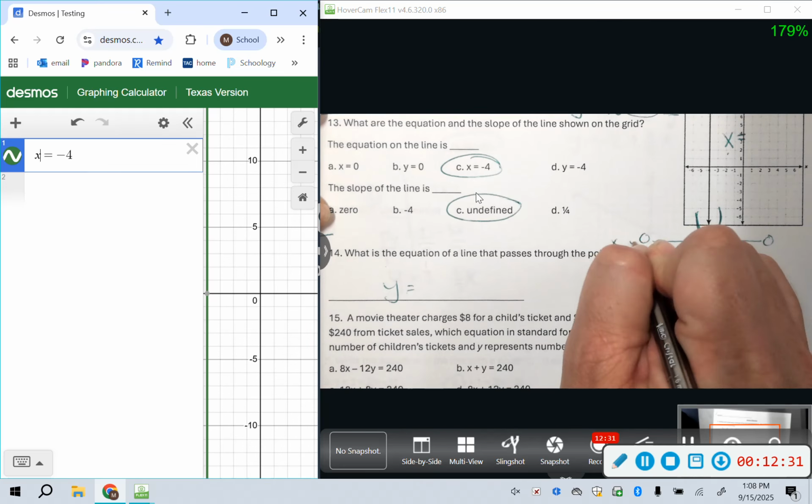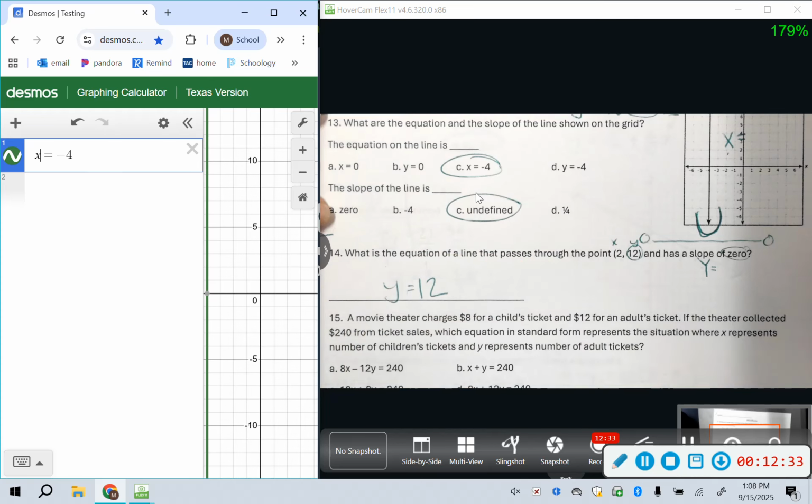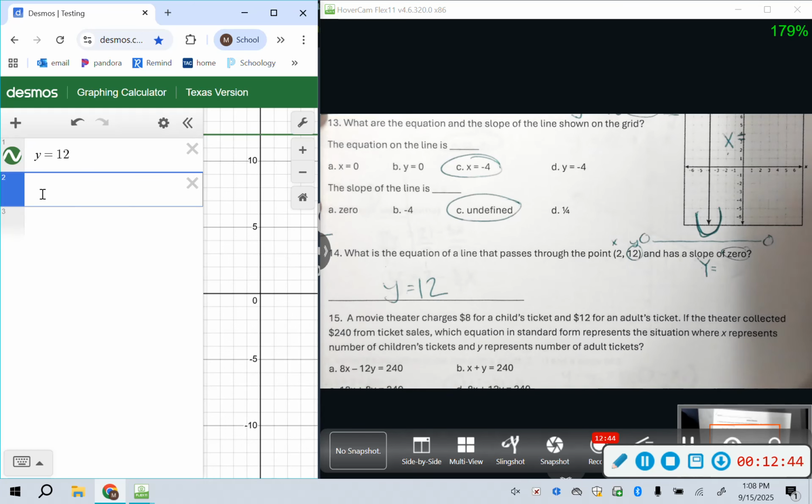Well, what is the y of my point? 12. And you could type that in your calculator and check it. y equals 12, which is a horizontal line. And then we can also type our point 2, 12, which if you see my point showed up, it does go through that point. So this is correct.